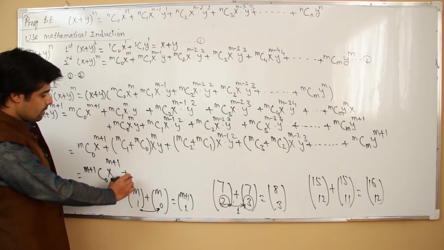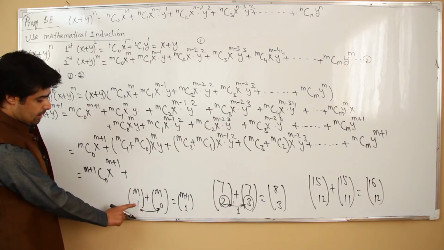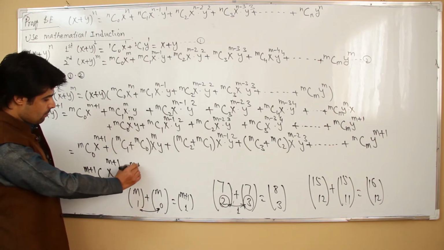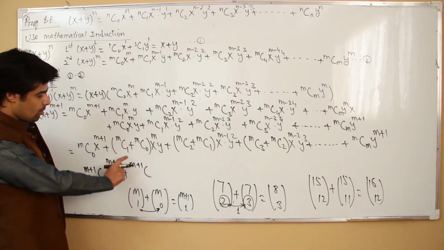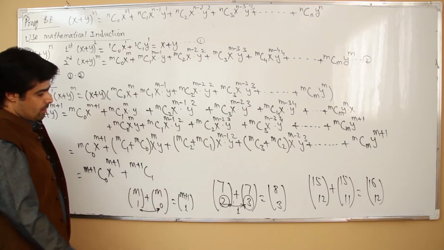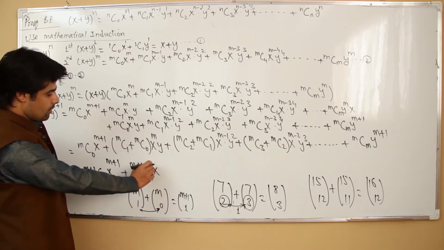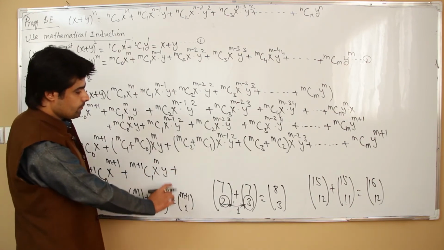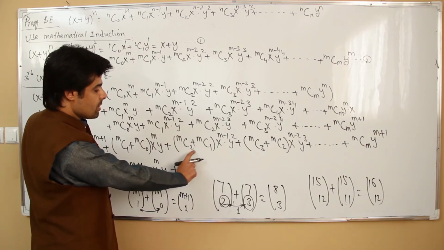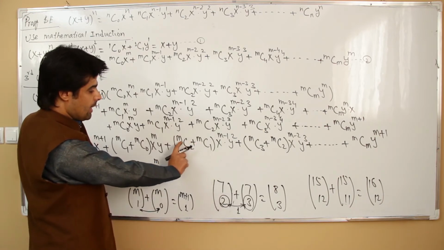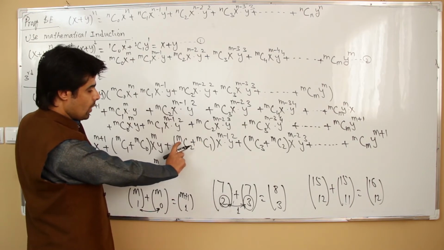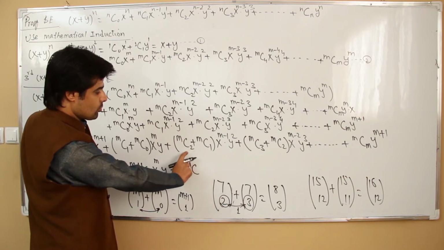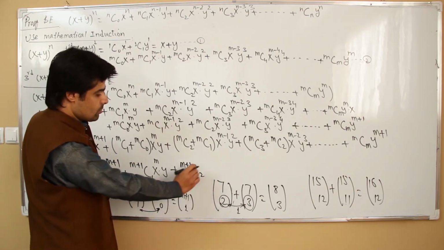So how can you write? This one is like this one, and this one is like this one. So it is m plus 1, pick up the largest one, which is 1, x to the power m, y. In here also the difference between these two is 1, and the n terms are the same. So n should be added by 1, and in this one you have to choose the largest one, which is 2.